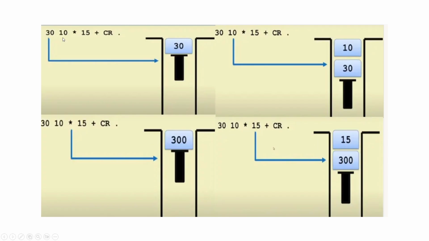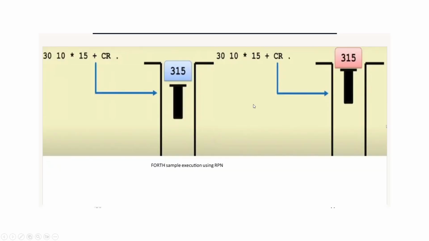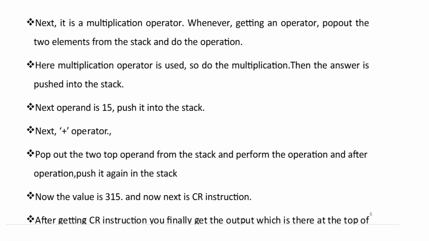So as and when it sees the elements, they are pushed into the stack, and if it meets any operator, it performs that operation and pushes the result. After 15, here comes the plus operator. So 300 plus 15 gets 315. Let's look at the current value. The value is popped saying it's 315. So this is an example of how a stack can be used to evaluate such expressions.